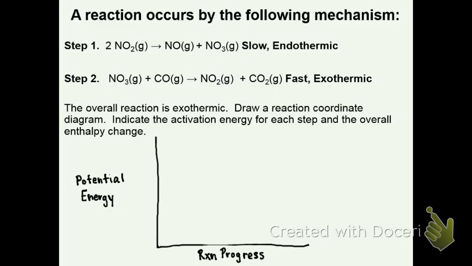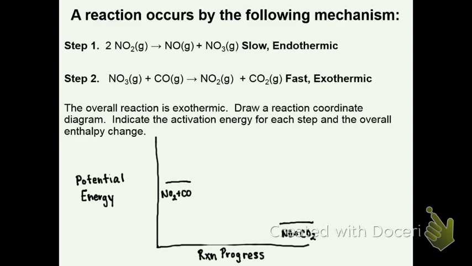So we start by drawing our reactants, which are NO2 and carbon monoxide. And then we know that our products must be lower energy. So NO and CO2. And we know that as the reaction proceeds, the various transition states and intermediates will have to form.